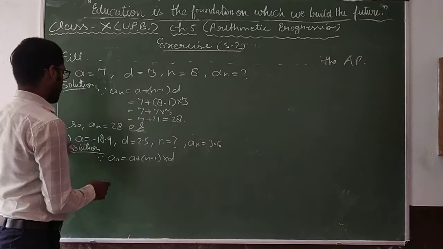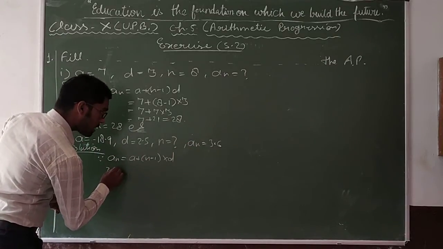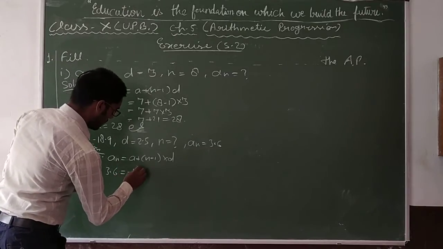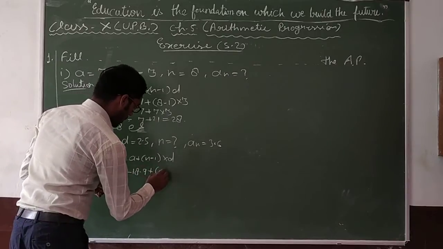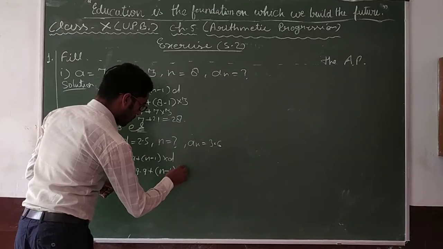Put the values in the formula. an is 3.6, which is equal to a, which is minus 18.9, plus (n minus 1), n is not given, into d.